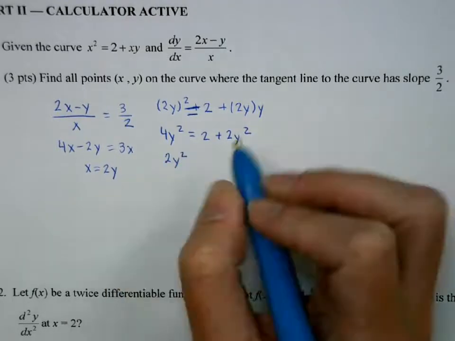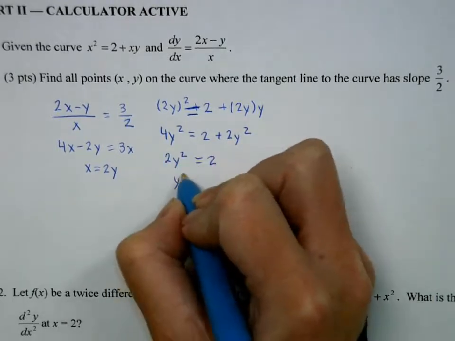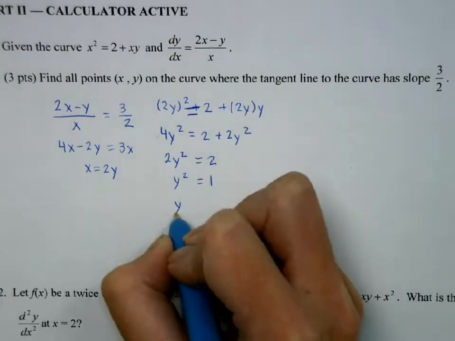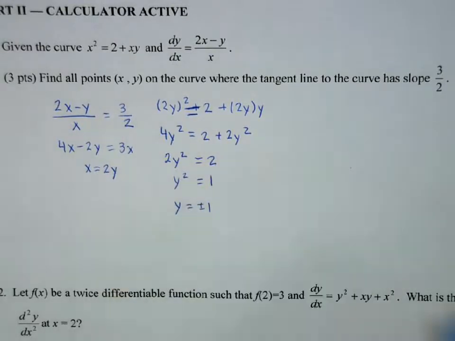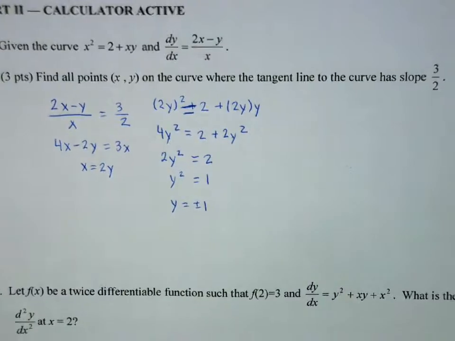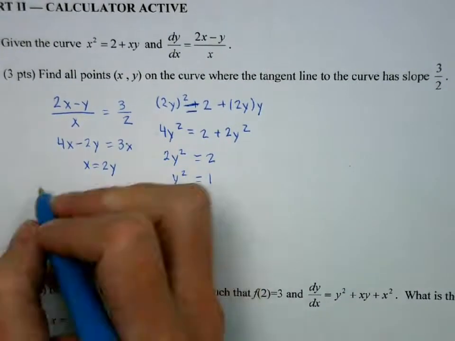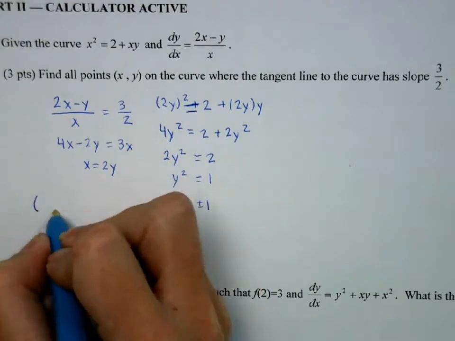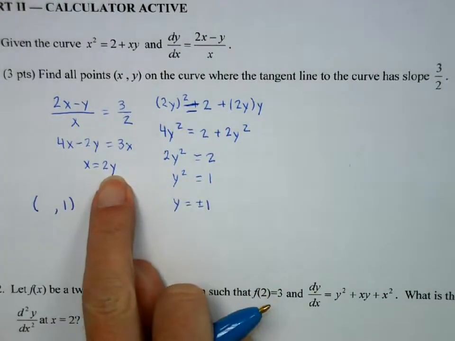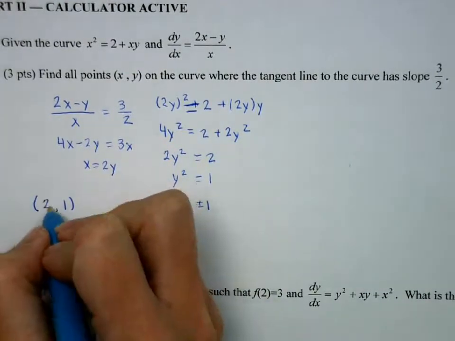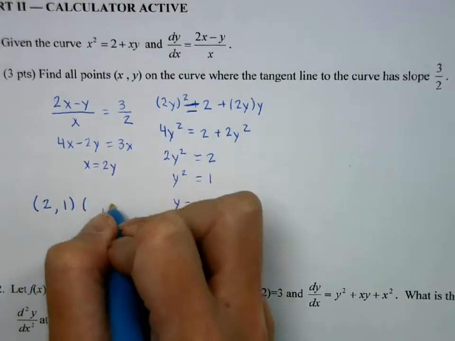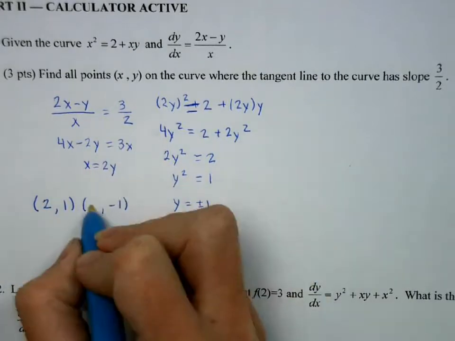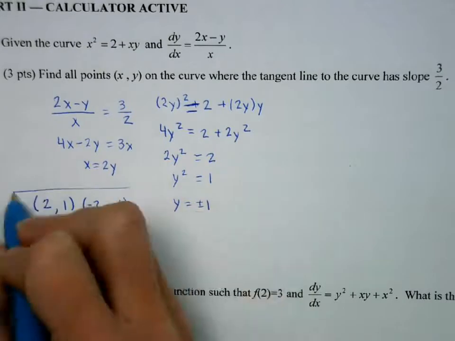So 2y squared equals 2, which means y squared equals 1, which means y is plus or minus 1. So there are 2 points. When my y value is 1, I plug this back in and my x value is 2. When my y value is negative 1, my x value is negative 2.